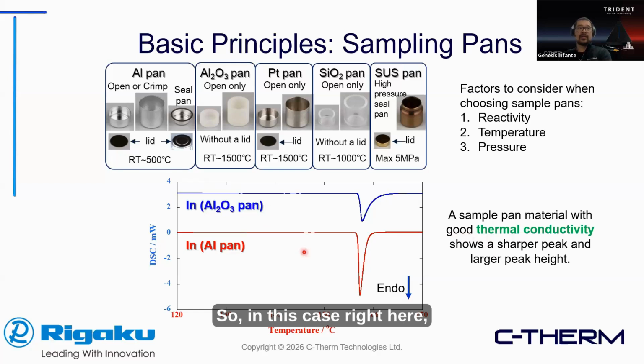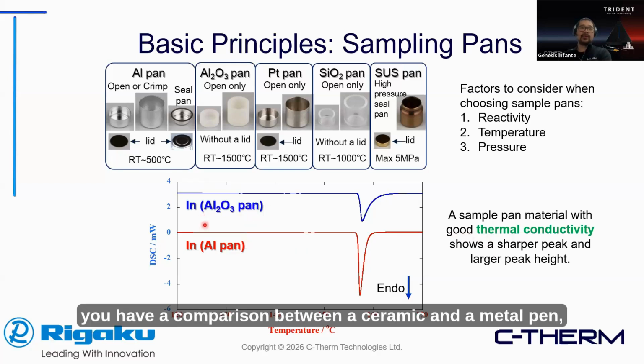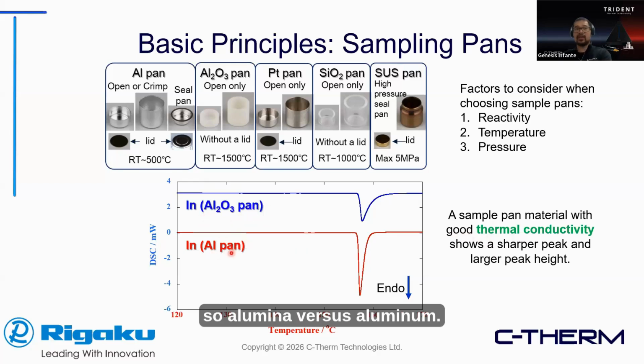In this case right here, you have a comparison between a ceramic and a metal pan, so alumina versus aluminum. You can see that the peak, although they are from the same event, is typically sharper for aluminum.